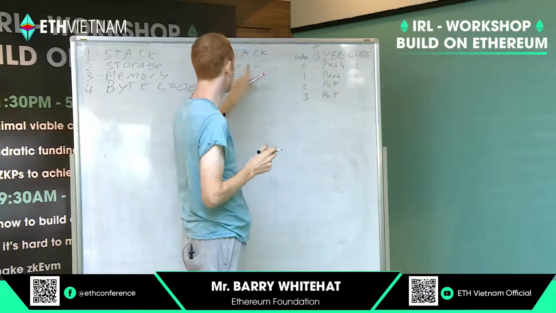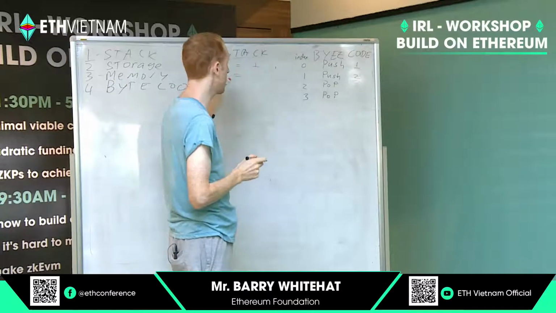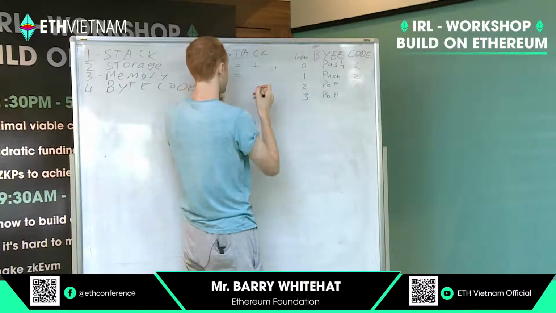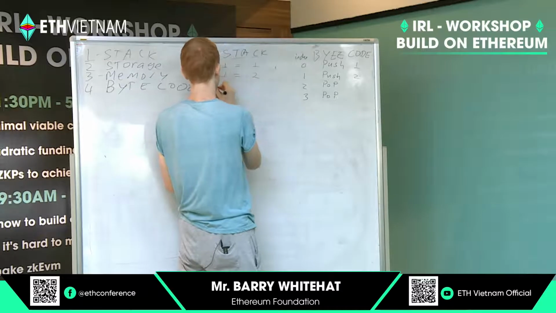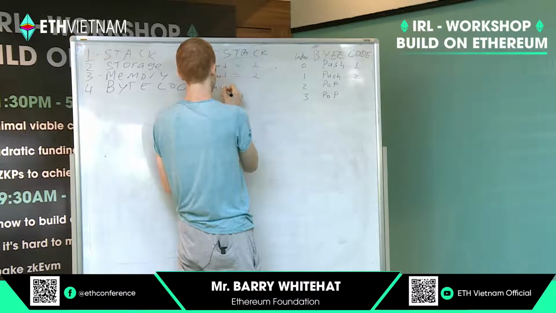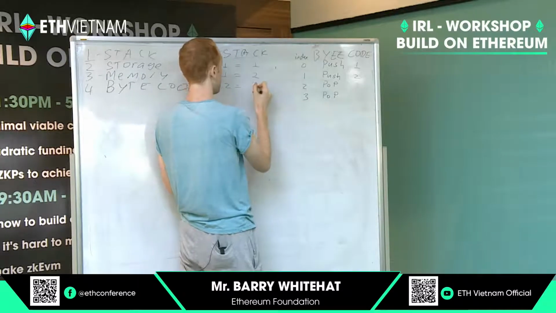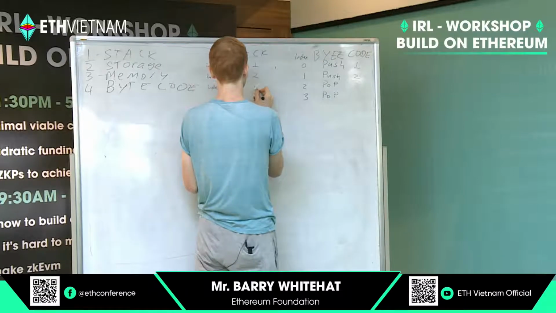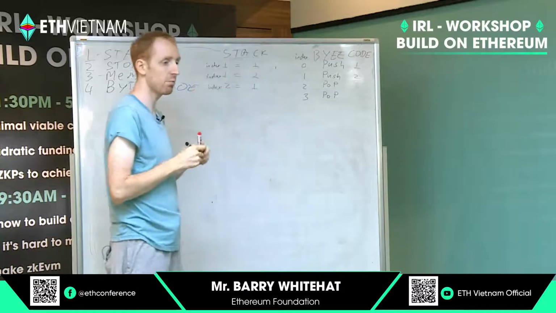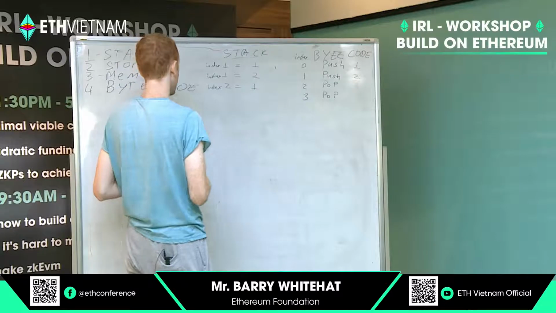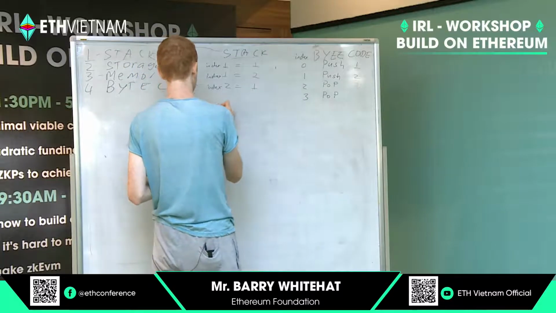We push the first one onto the stack, and index 1 becomes 1. And then we push 2 on, so then index 1 becomes 2, and index 2 becomes 1, right? Because basically what we're doing is that we have our stack here.